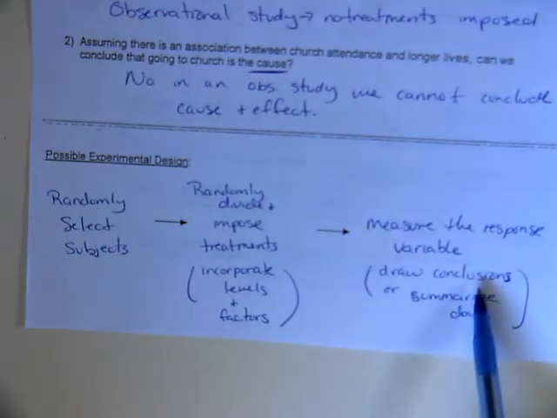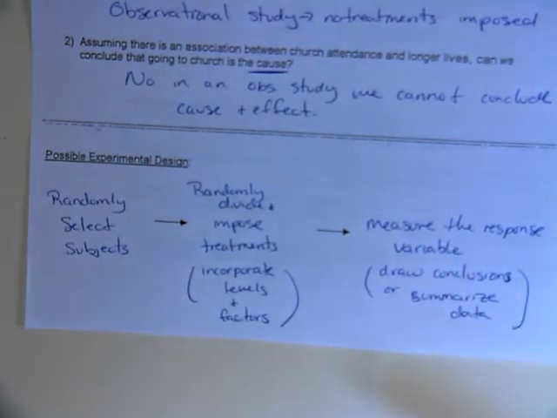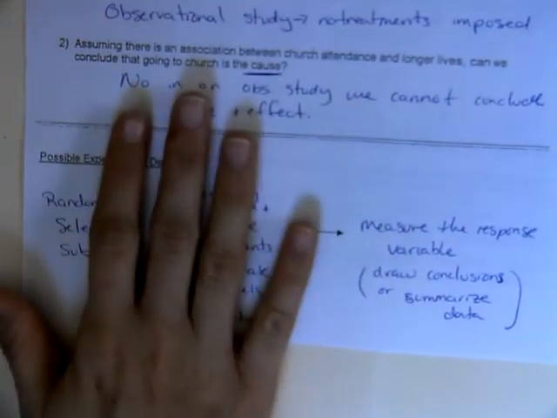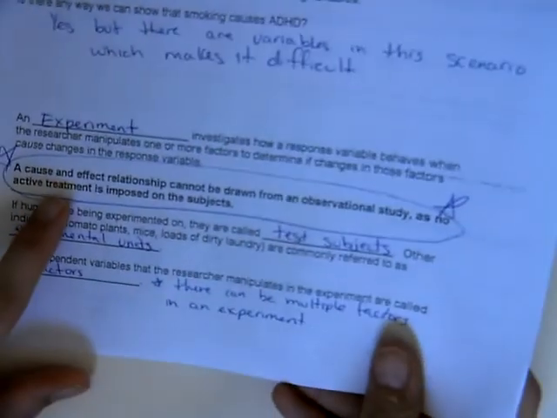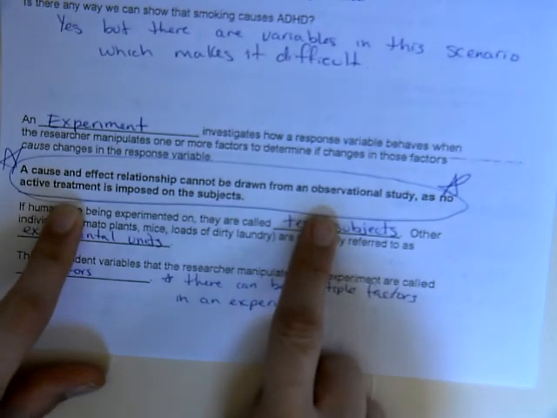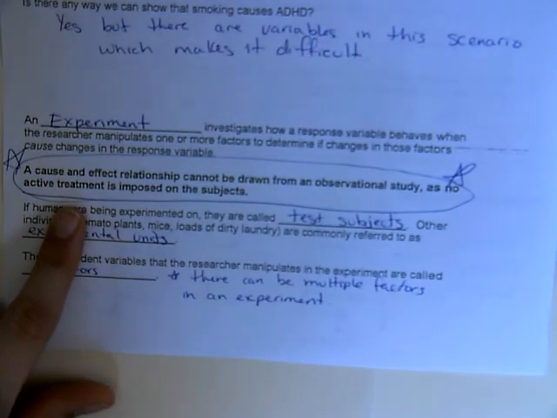If it's an actual experiment, we might draw conclusions. So we'll get into more actual specifics with 2.4, but this is just your generic experimental design. But the big thing to take away from today is knowing the difference between an observational study and an experiment, and knowing that you can't have a cause and effect relationship with an observational study.